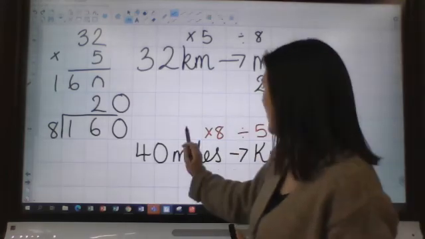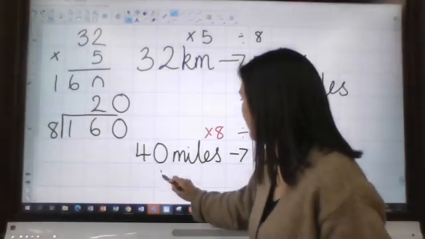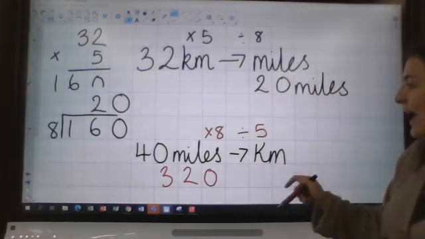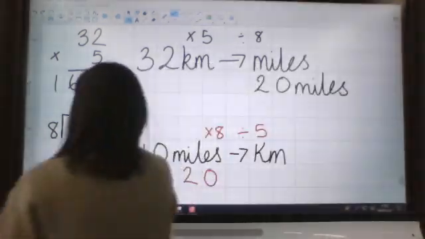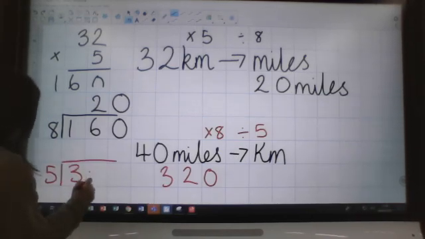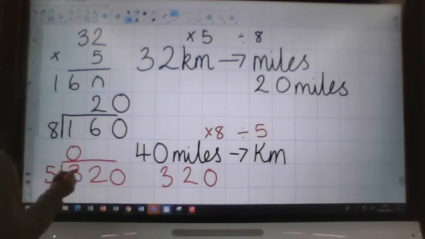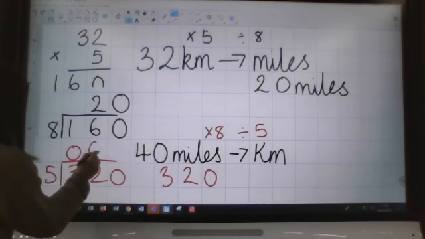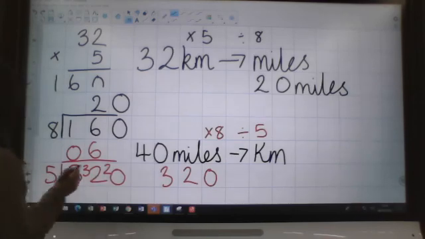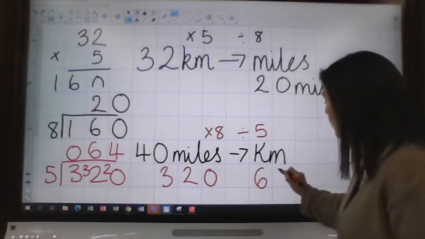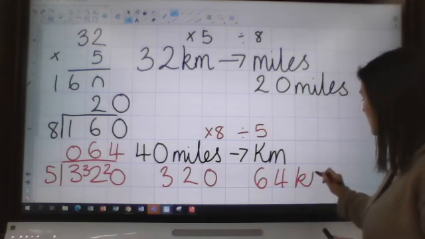So 8 times 4 is 32. And put my 0 back on. And then I've got to divide that by 5. So I'm going to do a little bus stop here. I can't do that. 5 into 32 is 6. The 2 left over. So it would be 64 kilometres.